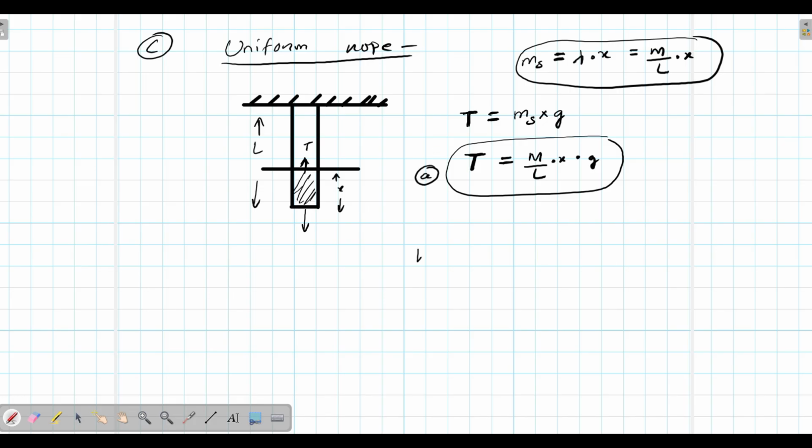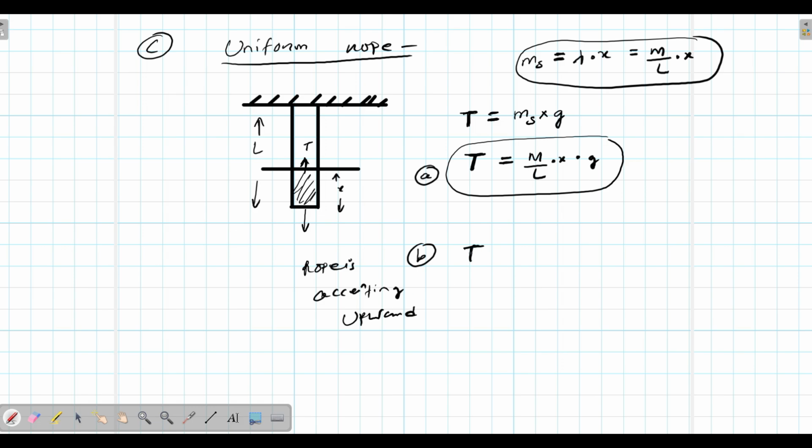Second, the rope is accelerating upward.